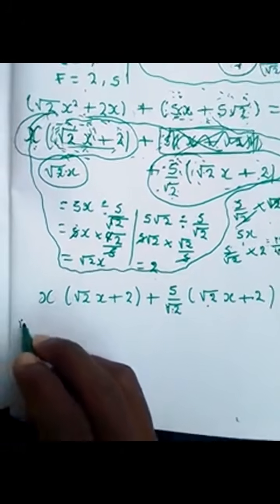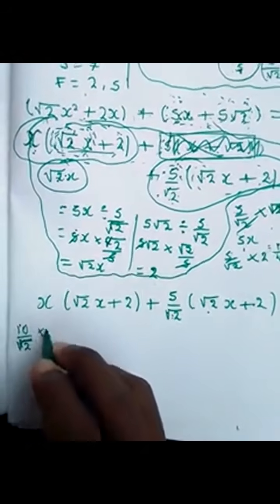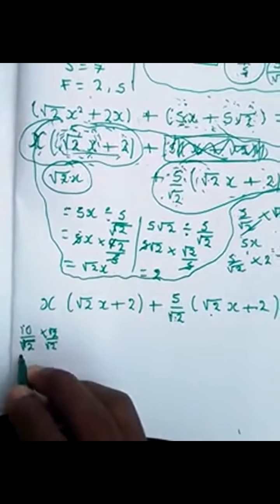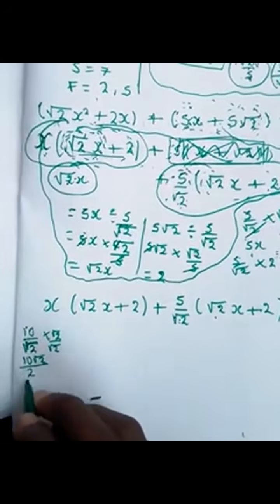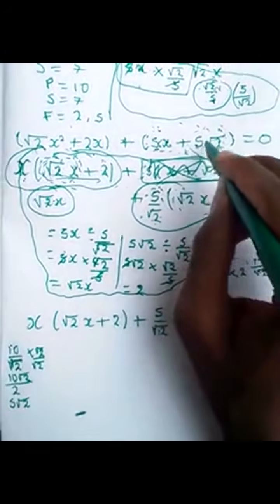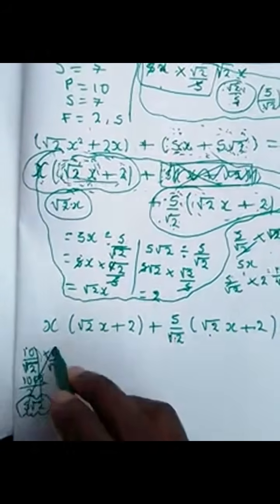So 10 over square root of 2 times square root of 2. It's going to be 10 square root of 2 over 2. 2 into 10 is 5 square root of 2, which is also equivalent to what we have here. So I have proved to you that I'm not wrong.